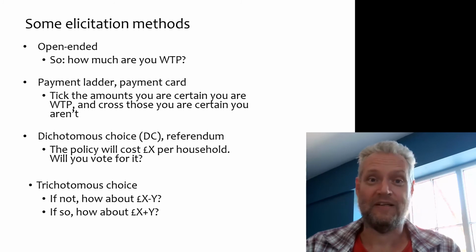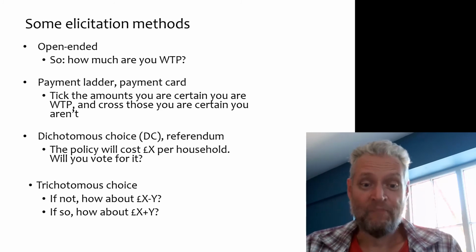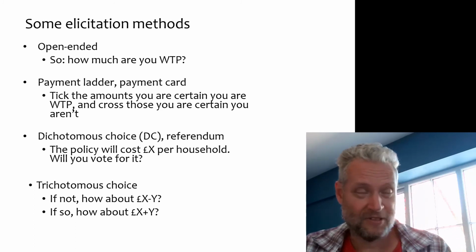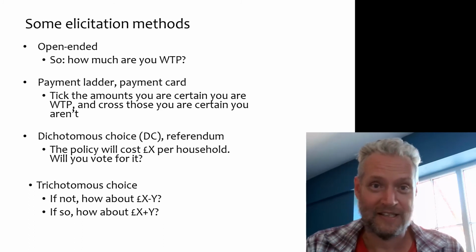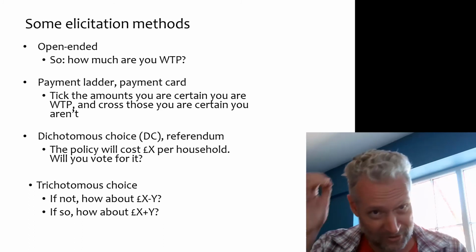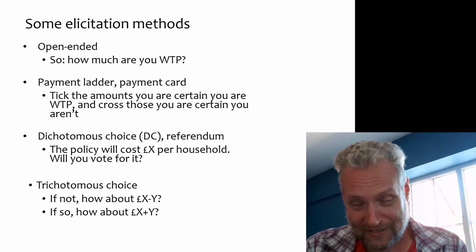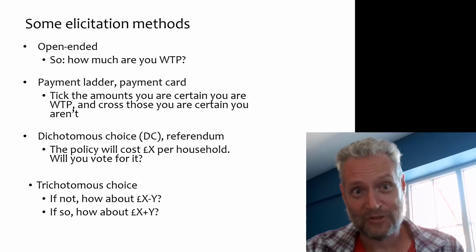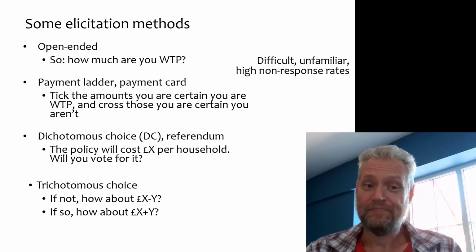And of course, if people say no, £10 is too much, then you can follow up with, but what about £5 per household per year? I noticed that I made a mistake there. I first said per household and then I said per person. And of course, it's important to keep that in mind, that people actually answer the right question, and that people know which question they're answering, per person or per household, and so on and so forth.